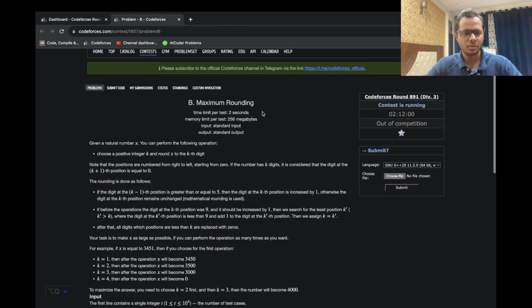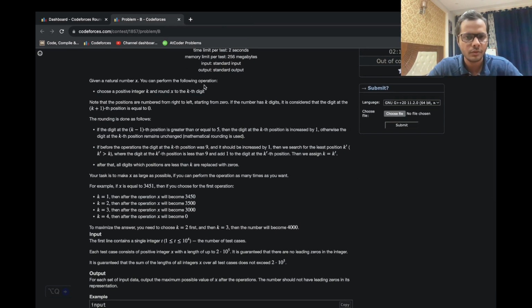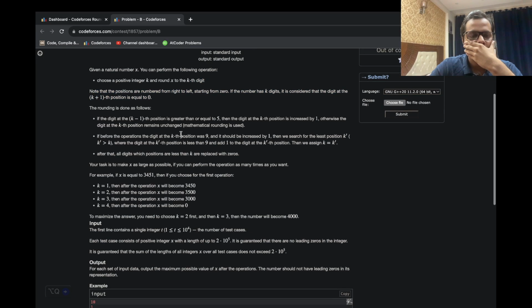Cool. So given a natural number x, you can perform the following operation. Choose a positive integer k and round x to the kth digit. Note that the positions are numbered from right to left starting with 0. If the number has k digits, consider that the digit at the k plus 1th position is equal to 0. Rounding is done as follows.